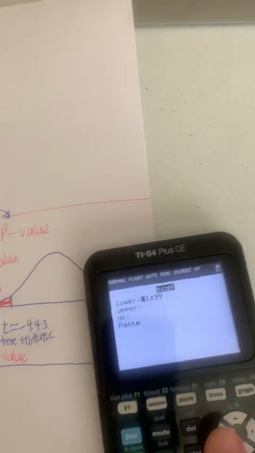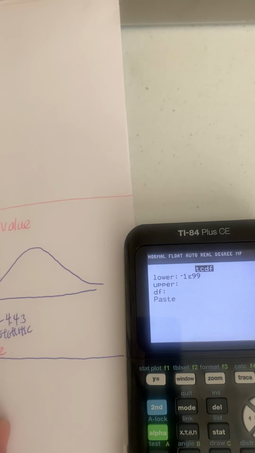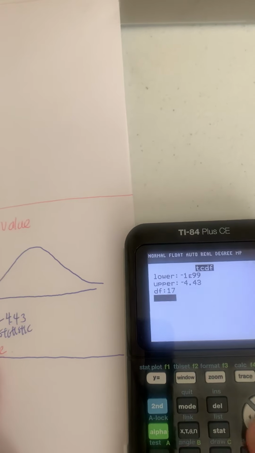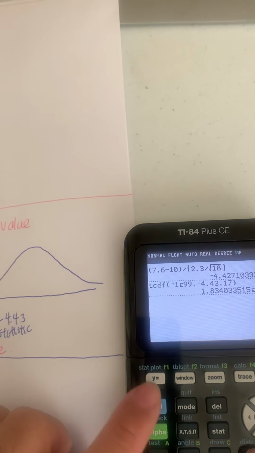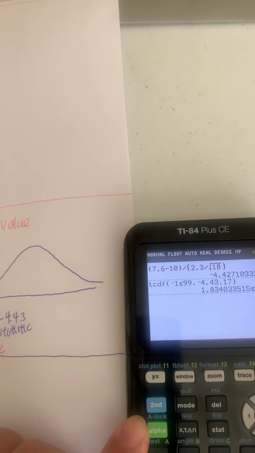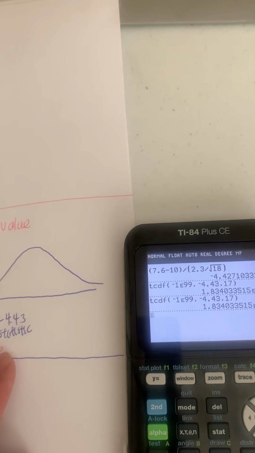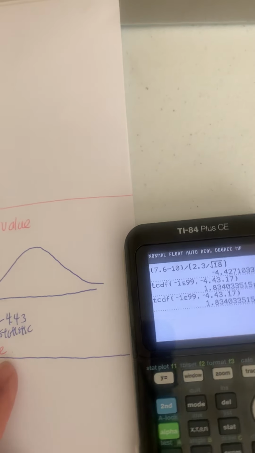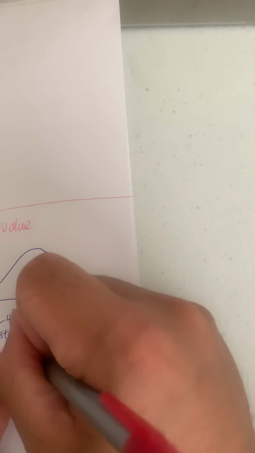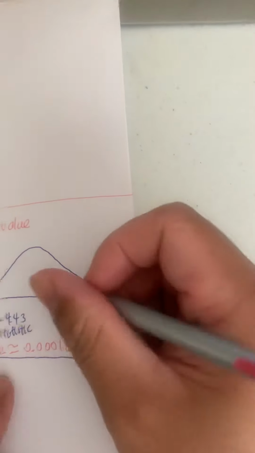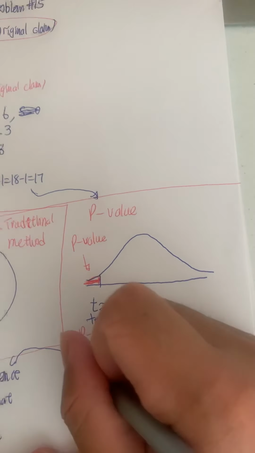This one is called T-CDF. The lower bound is negative infinity, the upper bound is negative 4.43, and the degrees of freedom is 17. Go to second VARS, go to T-CDF. Enter the information, and it gives you negative 1.83 E to the negative 4. Then we move the decimal point 4 places to the left, so this one is 0.00018.